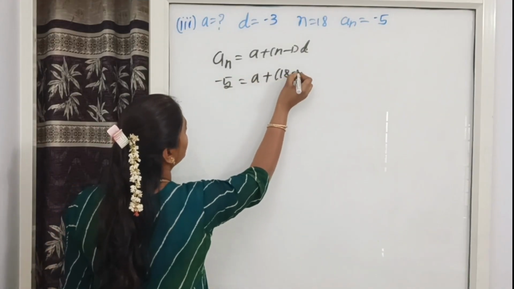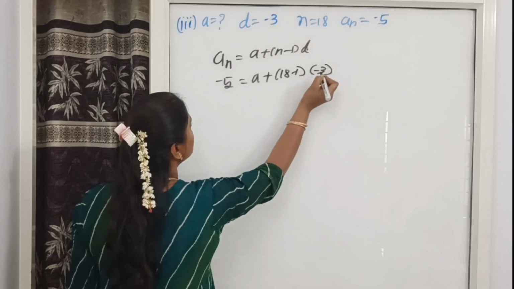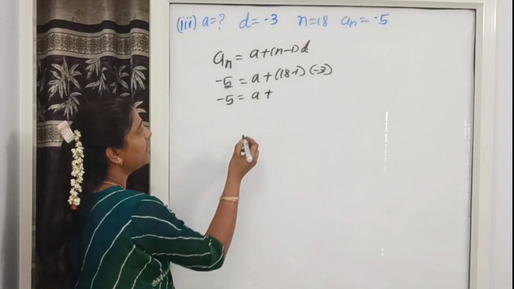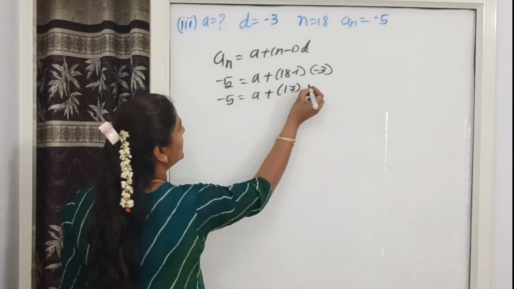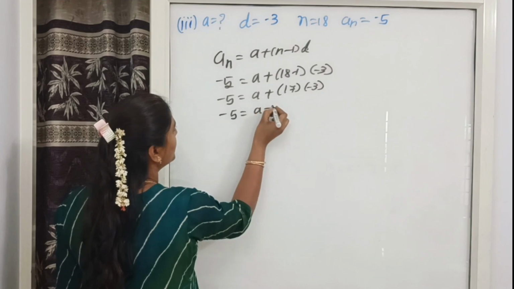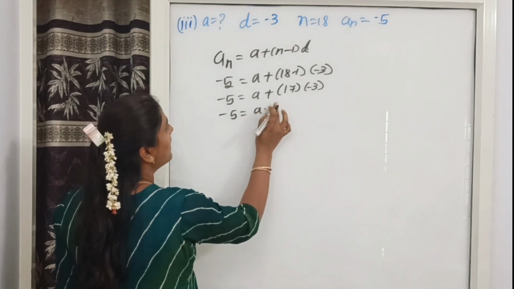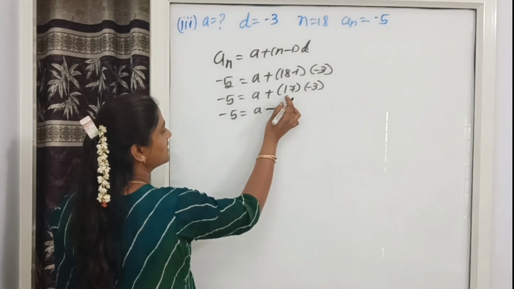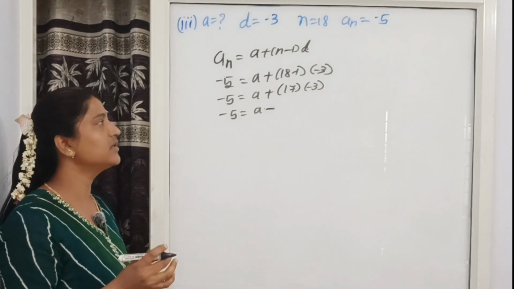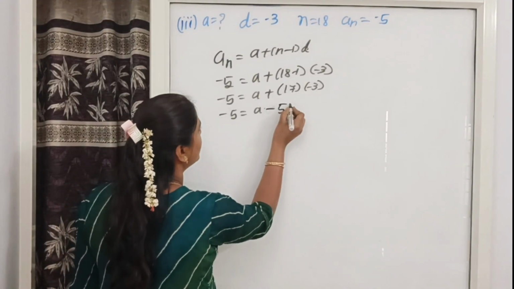N is 18, so 18 minus 1, and D is minus 3. Minus 5 is equal to A plus 18 minus 1, that is 17, into minus 3. Minus 5 is equal to A plus, see here, plus into minus is minus. 17 ones are 17, 17 threes are 51.